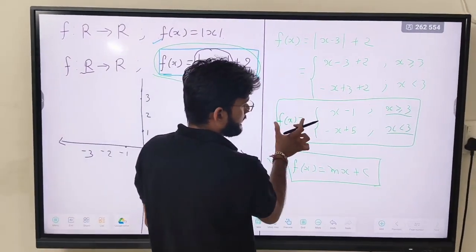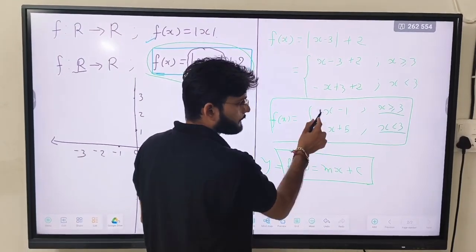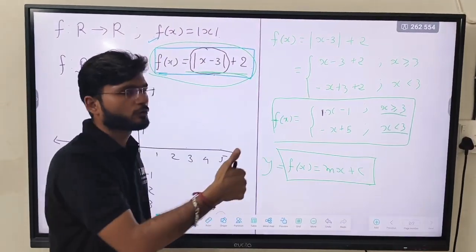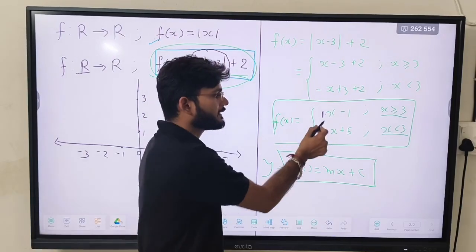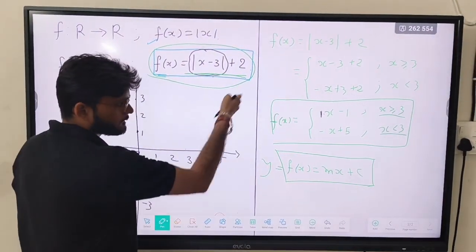Obviously, here if we call it y equal to mx plus c, then what is the value of m, which is 1, and m denotes the slope of the straight line. Here 1 is the slope, which is positive, so the straight line will be of this form.